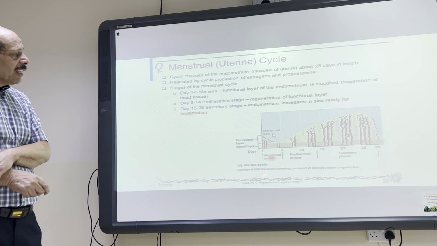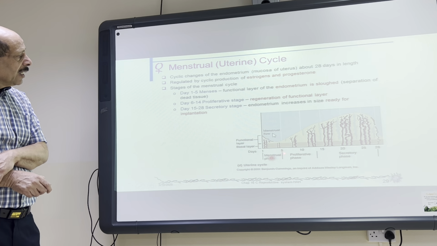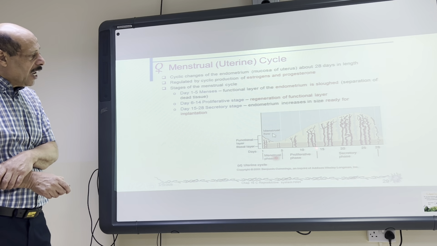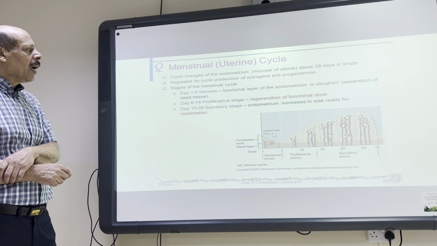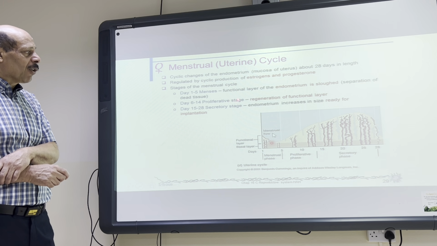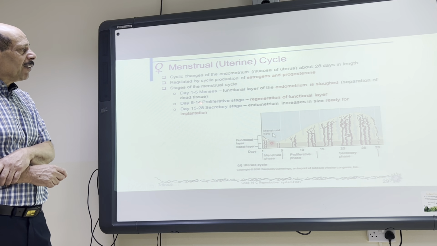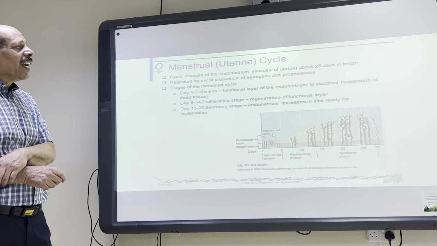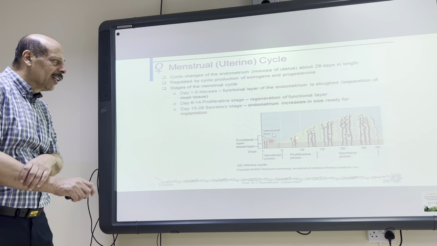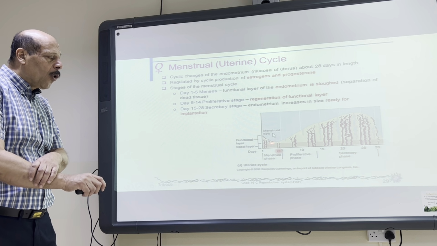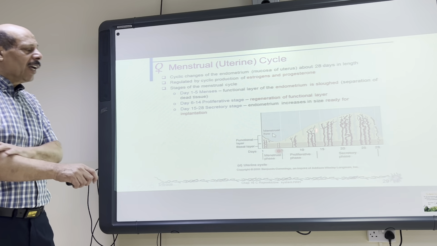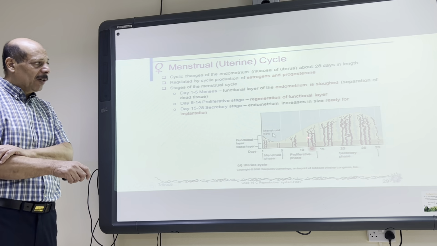From day 6 to day 14 is called the proliferative phase or stage. This proliferative stage is the regeneration, the rebuilding of the coat of the uterus, the endometrium.